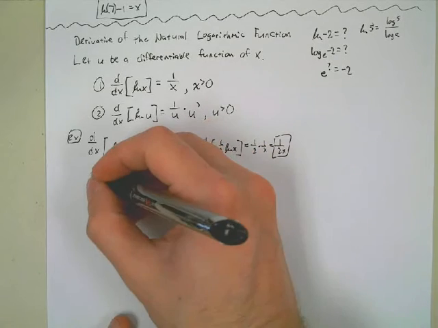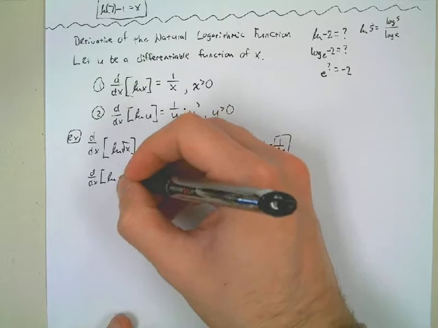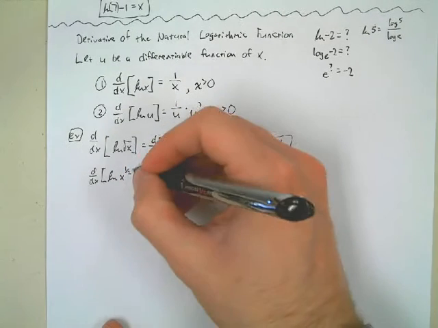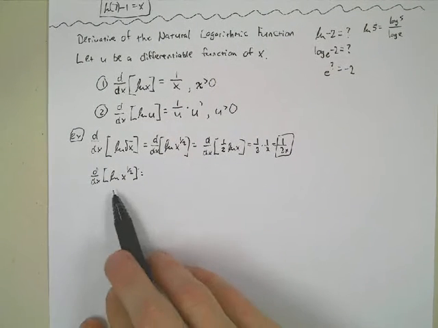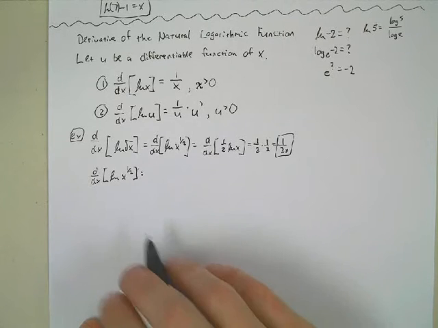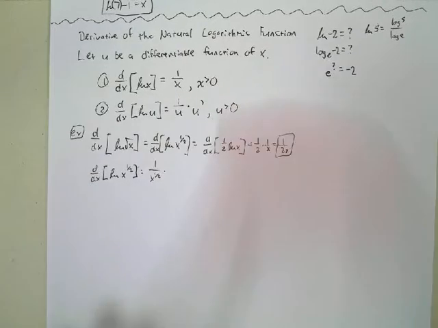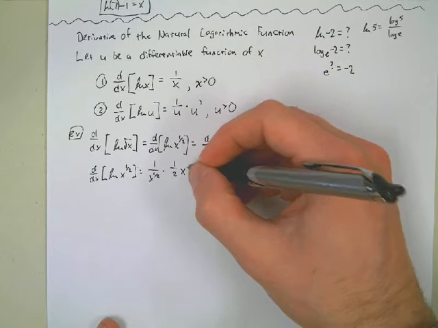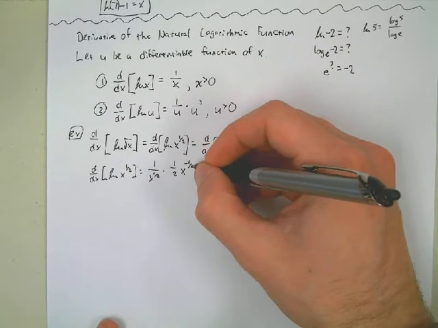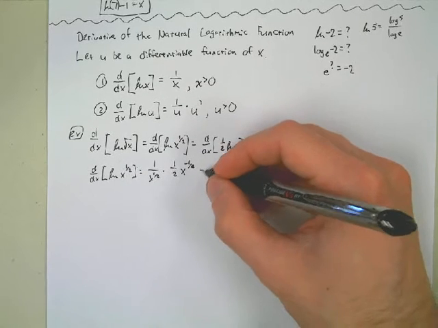Let's see. So x to the 1/2. If we take the derivative now as it's currently written, the derivative of this will be what? 1 over x to the 1/2 times the derivative of what's inside, 1/2 x to the negative 1/2. Okay, it's not terrible. It looks worse than it really is. Watch. Where does this x to the negative 1/2 go? To the denominator of that second fraction.